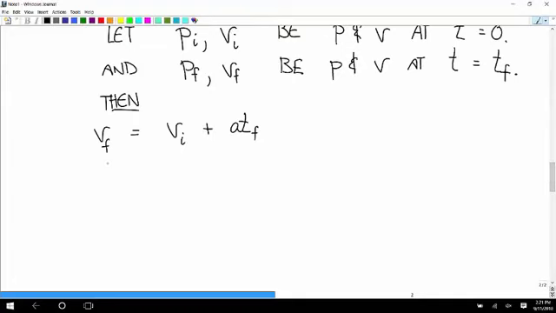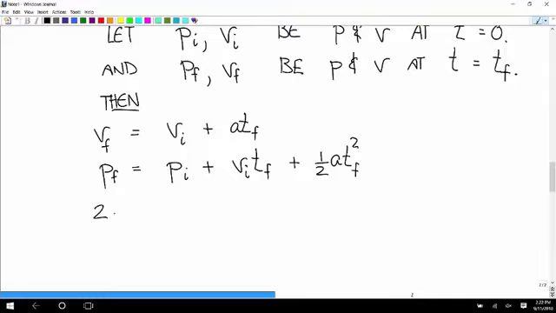The second equation says PF is equal to P sub I plus V sub I times TF plus 1/2 A times TF squared. And then the last one says 2A times the quantity PF minus PI is equal to VF squared minus VI squared.